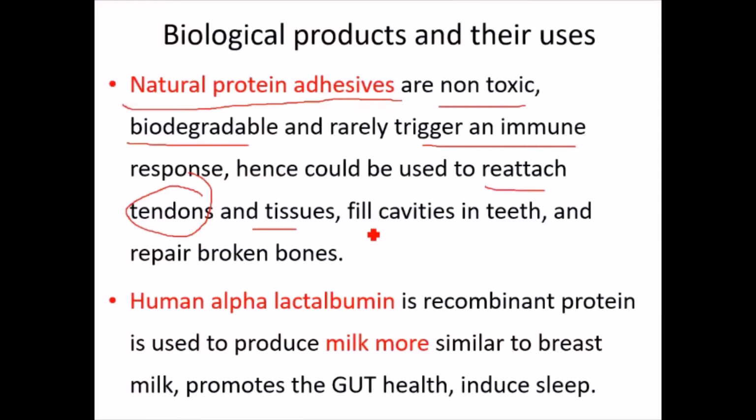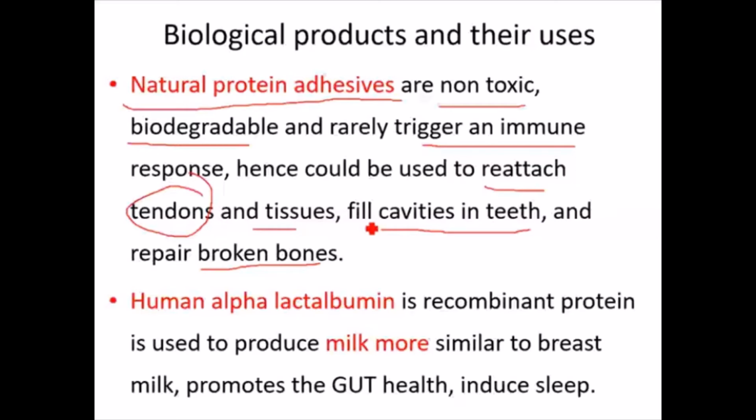For example, I would like to give the natural protein adhesive. Filling the cavity in the teeth. Have you heard that in a root canal treatment, adhesive protein is there? That is Gutta-percha resin. Gutta-percha resin mixed with zinc and bismuth oxide.